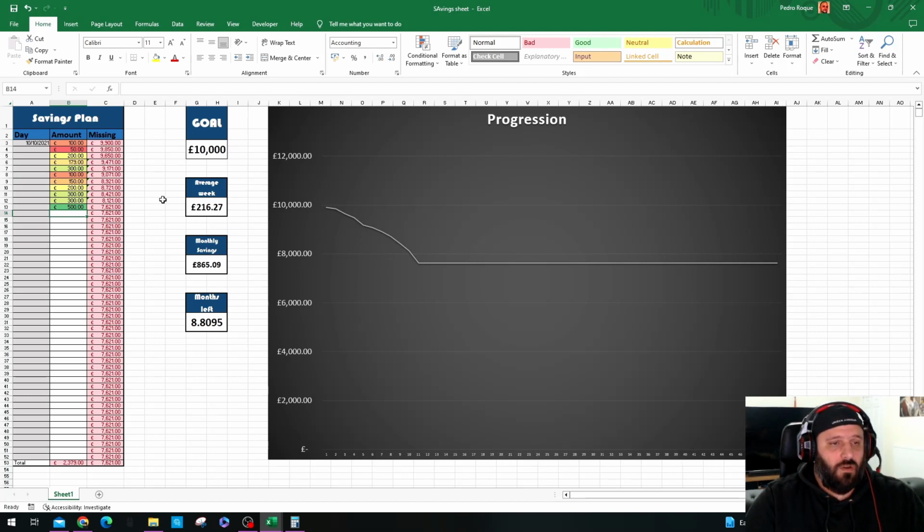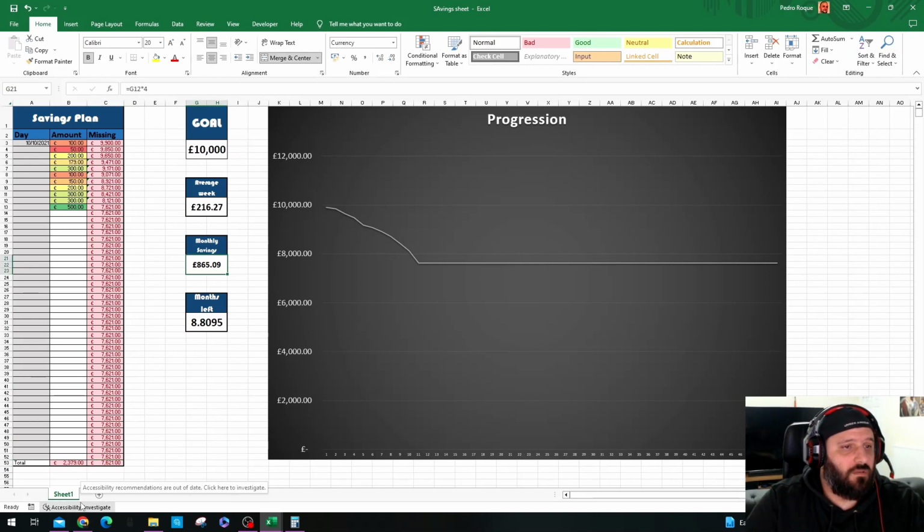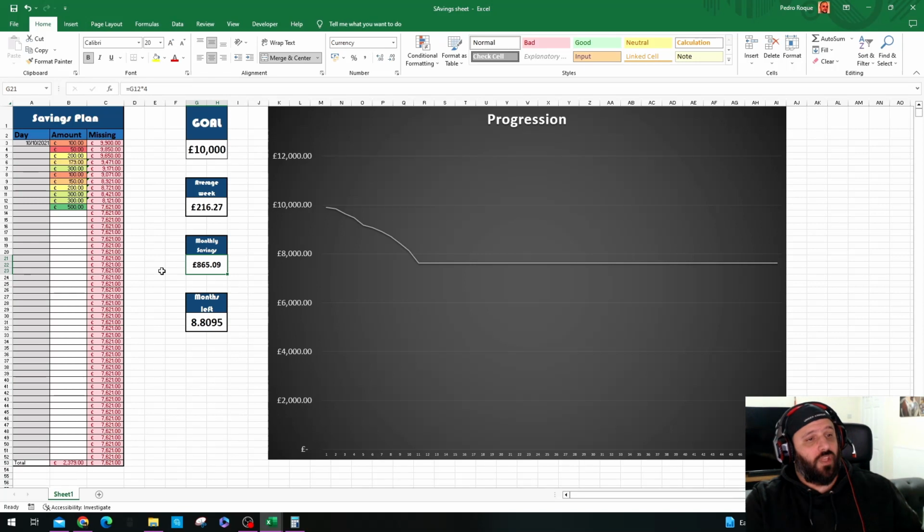Okay, so this will give you the average of this, how much you're putting a week. This multiplies that average by 4. And this is just this value divided by this value, which will give you the amount of months that you got left.